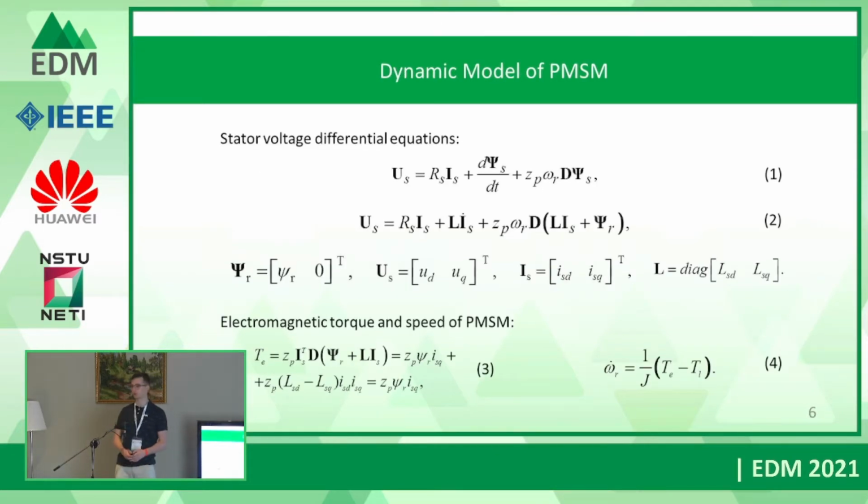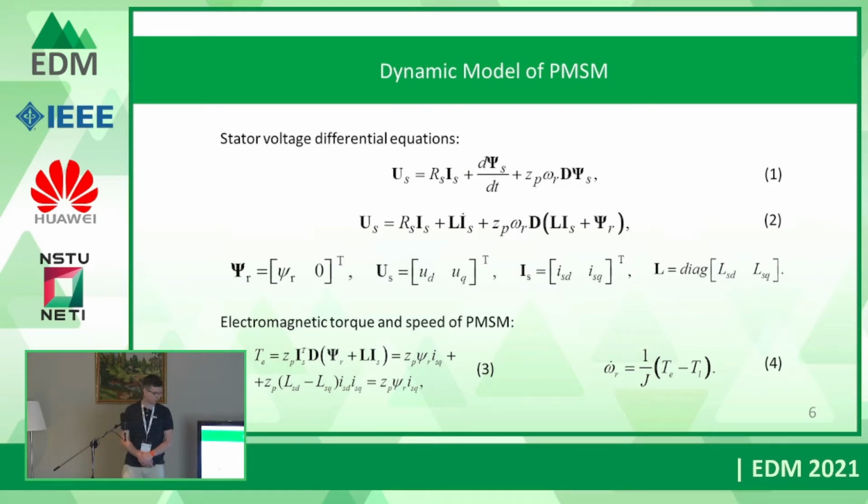To design a control system for any object, its mathematical model should be obtained. So here is a dynamic model of PMSM in the DQ rotor reference frame, and the first equation represents the electrical equilibrium equation, which can be rewritten in form 2. Also, the vector columns of rotor flux density, stator voltage and current, and the inductance matrix are presented here.